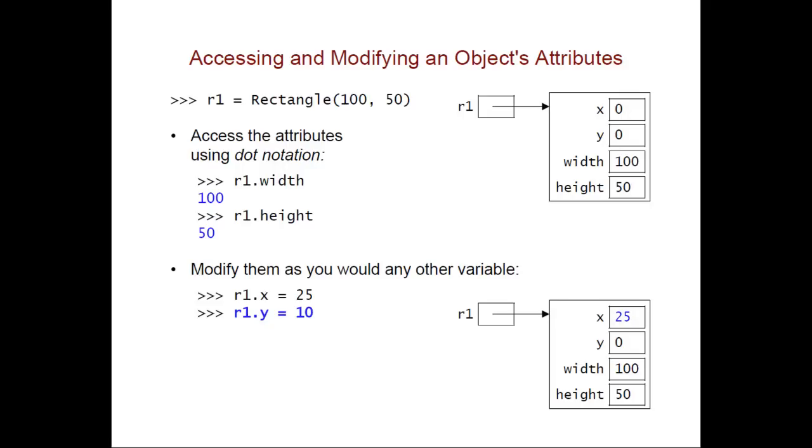I could also do something to the y attribute, assigning it 10, and I can even do something like this, where I'm basing the new value of the width on the current value using the shortcut times equals operator. So just like you would modify any other variable, you can modify the attributes in an object.